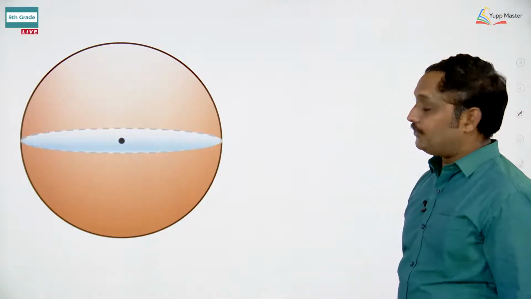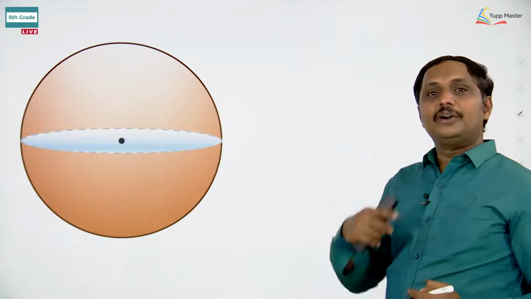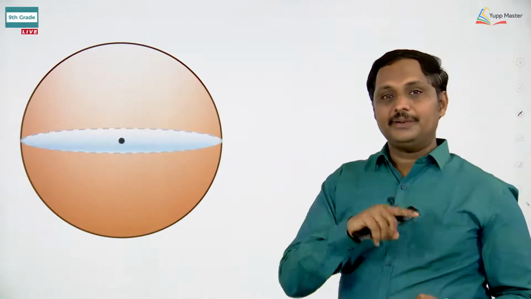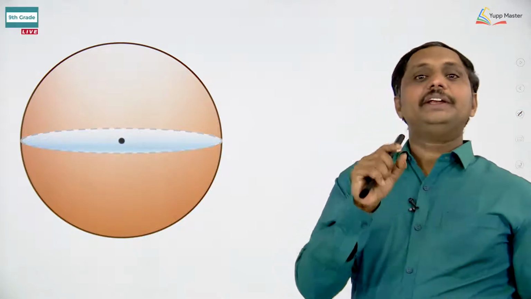We are going to take a sphere or any object. If you take one derived quantity, and it is expressed in terms of fundamental quantities, the fundamental quantities are going to be raised to a particular value. That value is identified as a dimension.